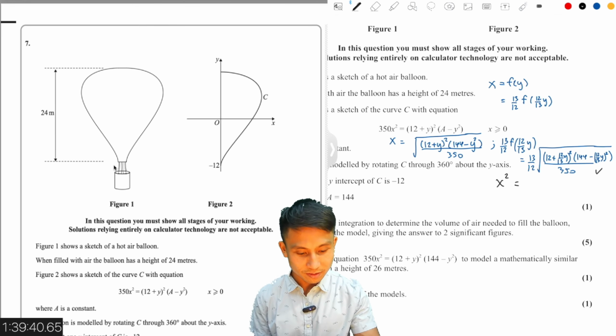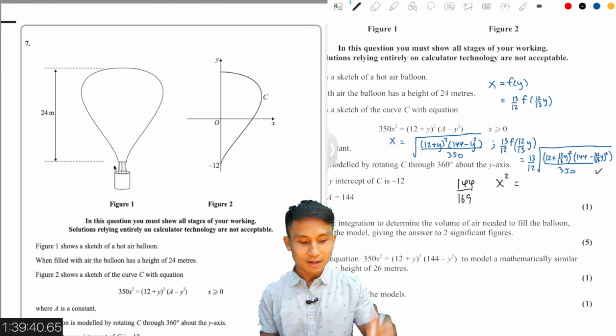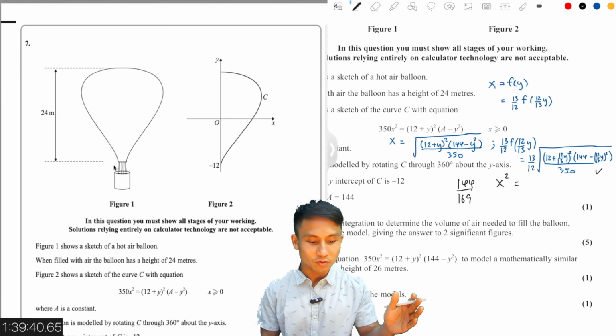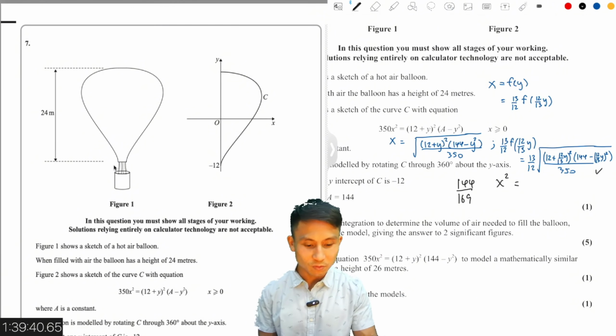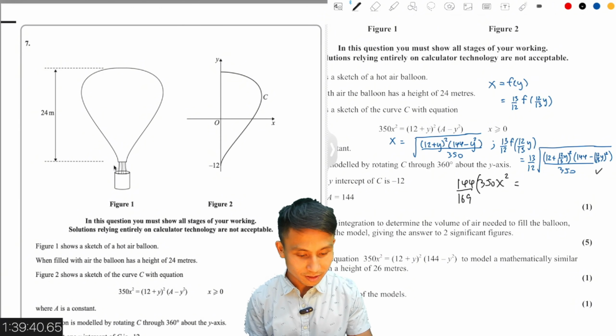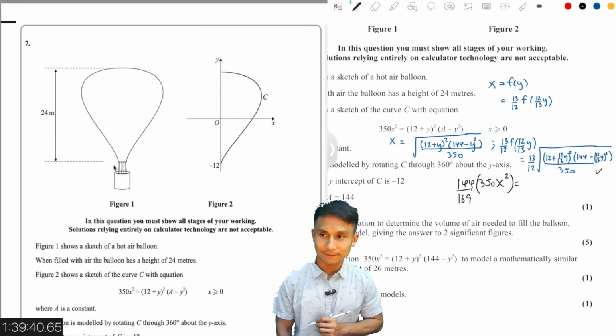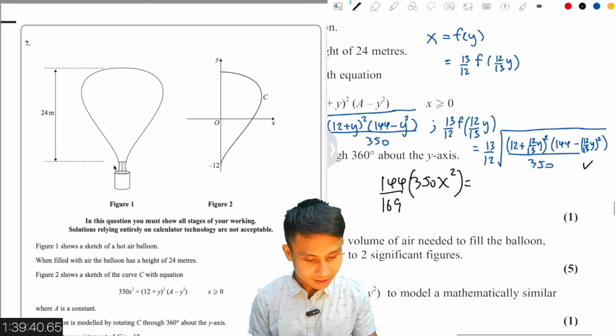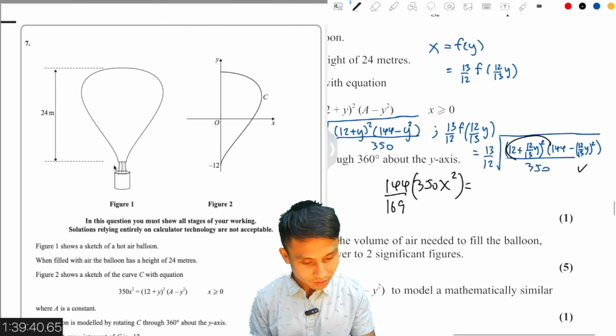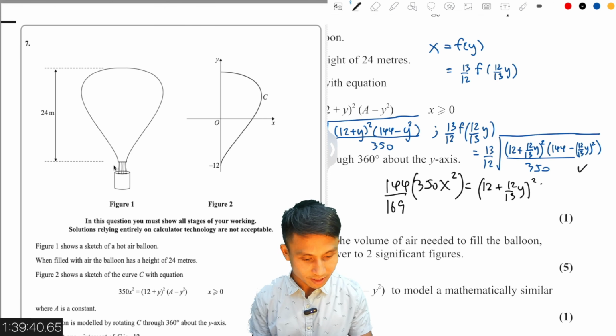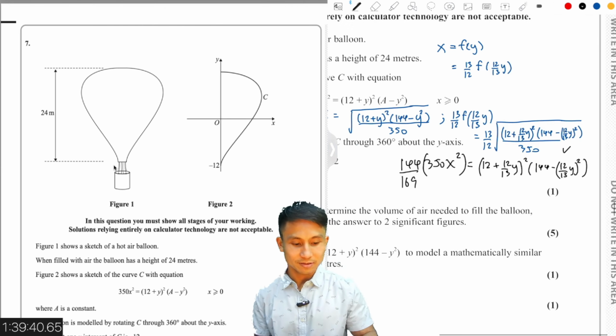Hang on, 144 here divided by 169 here. And this will be no square root, so the 350 will be moved back up here. And the two brackets here will just be 12 plus 12 over 13y squared, 144 minus 12 over 13y, and this one squared bracket.